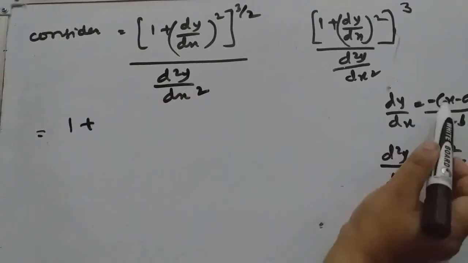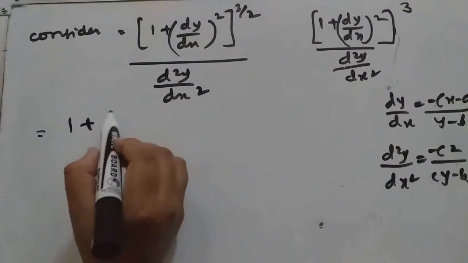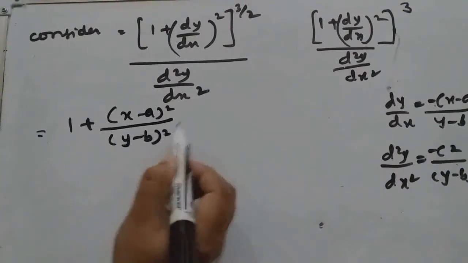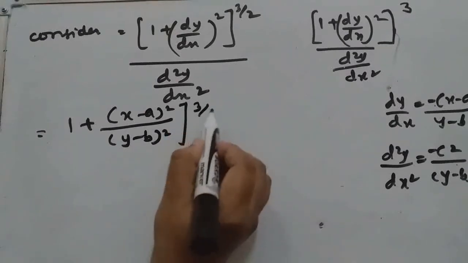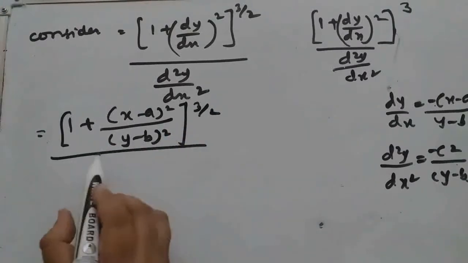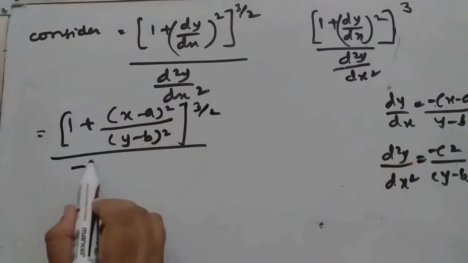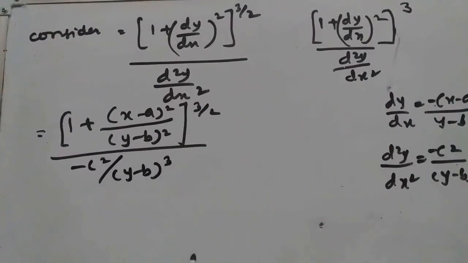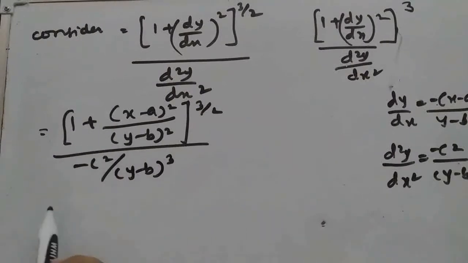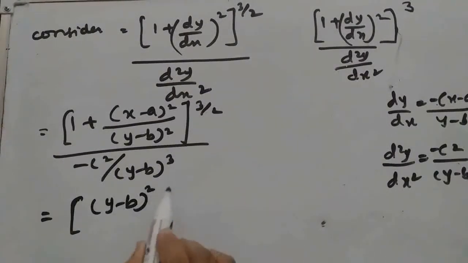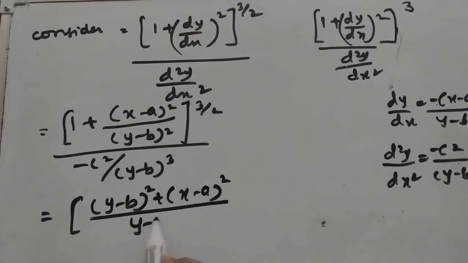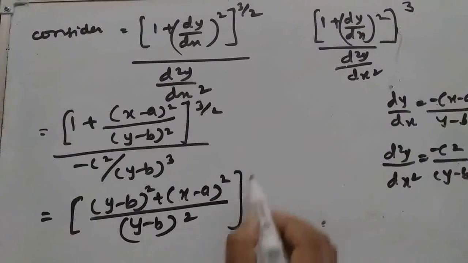So dy by dx term's square is there, so directly bracket square will come. I am writing directly. Then bracket power 3 by 2. d square y by dx square means minus c square by (y minus b) cube. Okay. Now cross multiplication in numerator will give (y minus b) square plus (x minus a) square, over (y minus b) square, bracket 3 by 2.